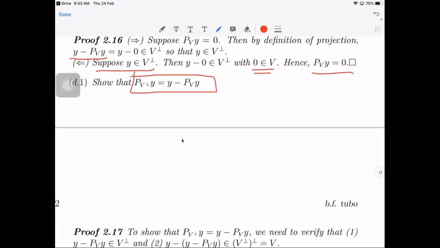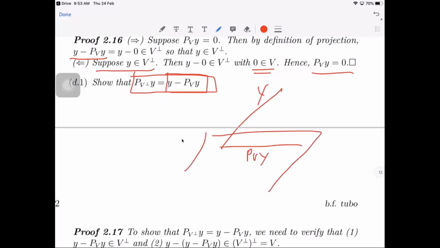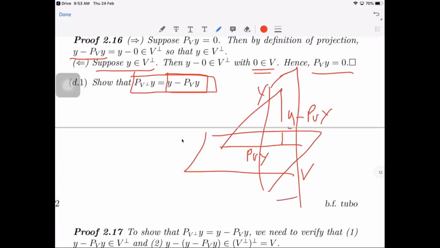Okay, what is the projection of y onto V perp? By definition, it is y minus the projection of y onto V. If this is y, this is the projection of y onto V in your space V. The y minus the projection of y onto V is actually the projection on V perp.